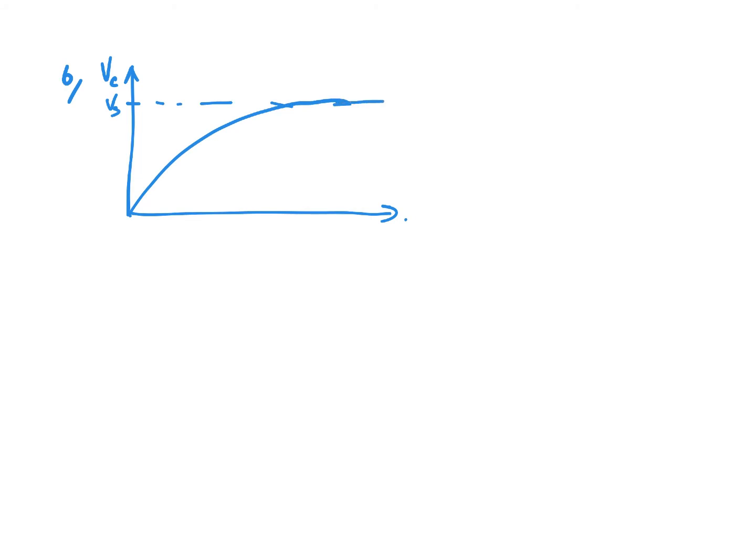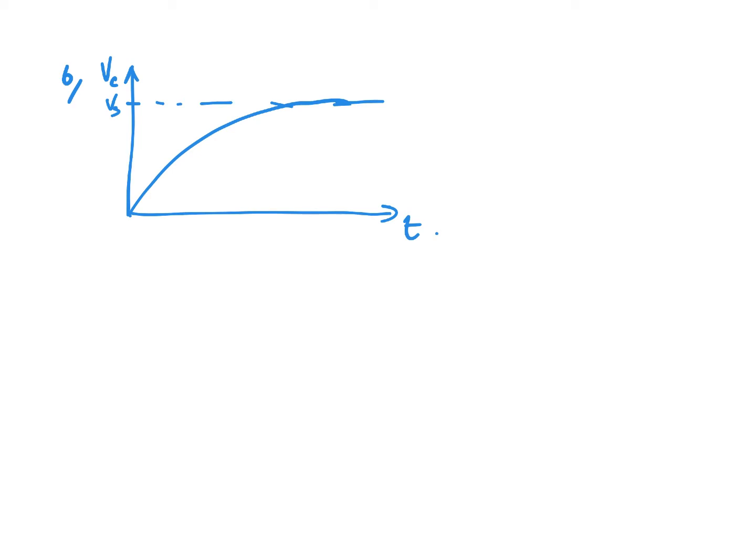Now for outcome 6, we'll concentrate on the charging curves, but the exact same logic can be applied to the discharging curves as well. And that's what happens if we change the value of capacitance or the value of resistance. So first of all, looking at capacitance, if you look at the voltage across the capacitor versus time, previously we had that kind of building up towards the supply voltage.